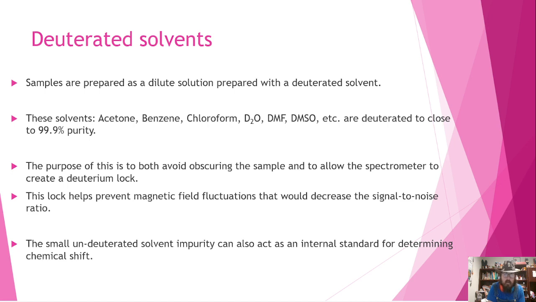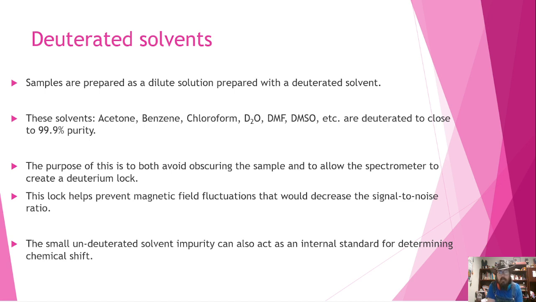So this avoids obscuring the sample, and it will also allow the spectrometer to create a deuterium lock, because it knows where you tell it, I'm using deuterated chloroform, and it knows where deuterated chloroform will be excited based on radio frequency, and so it knows kind of where it's studying. This lock will help prevent magnetic field fluctuations and will help decrease the signal to noise ratio.